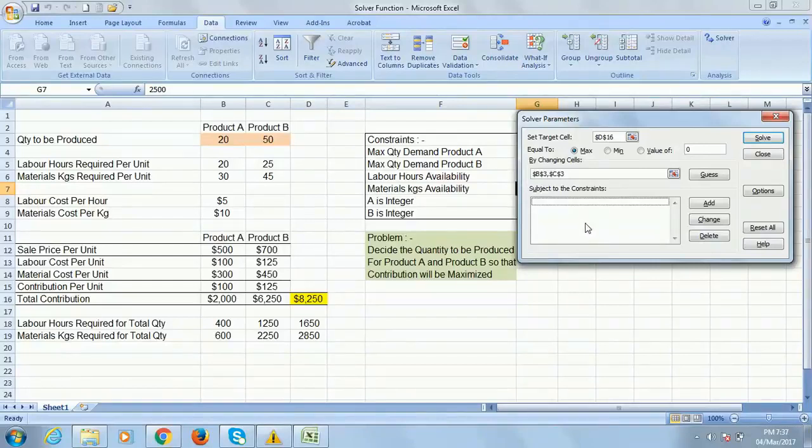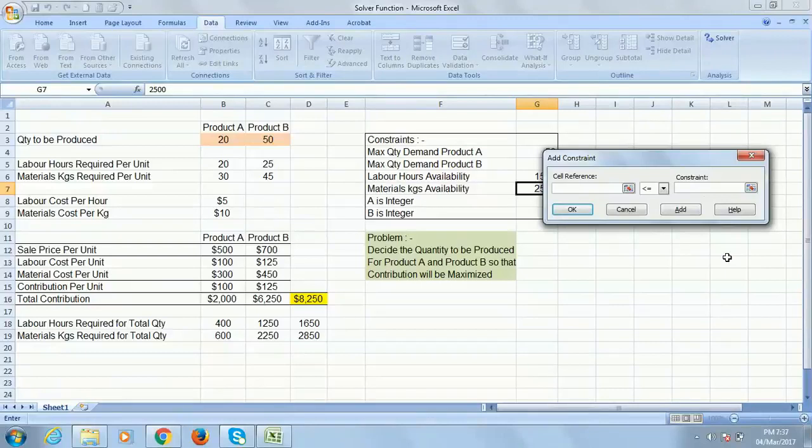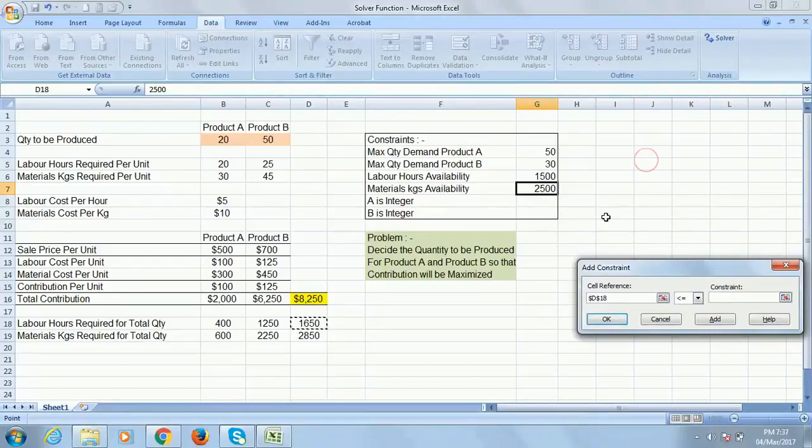This is not enough. We will have to give the constraints also, within which we have to get this. So I will add a constraint. One constraint is that labor hours can be less than or equal to this.